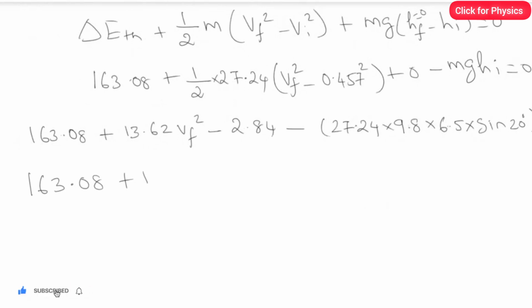163.08 plus 13.62 V final square minus 2.84. Now I am going to find the answer for this. So 27.24 multiply with 9.8 multiply with 6.5 multiply with sine of 20 degree. So what answer I got?